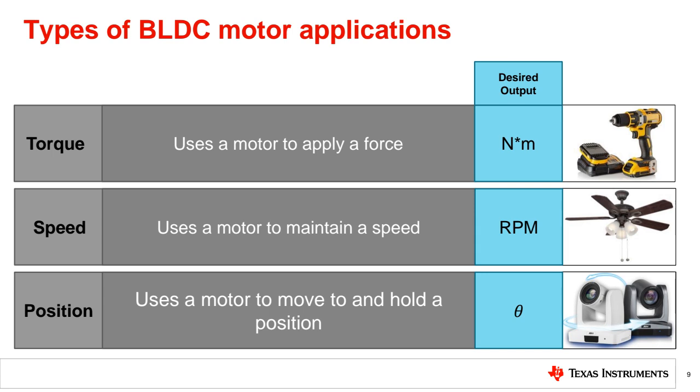Before, we talked about directly comparing sensorless and sensored control. Now let's cover the three applications of brushless DC motors. The three different types of applications of motors are, don't forget it, torque, speed, and position.